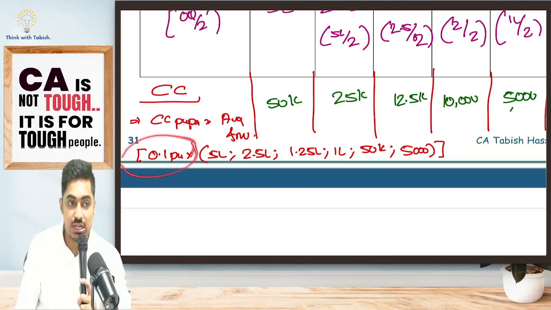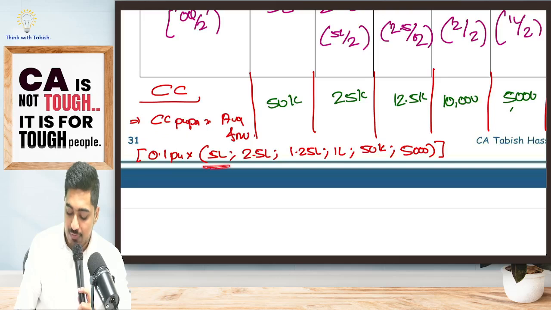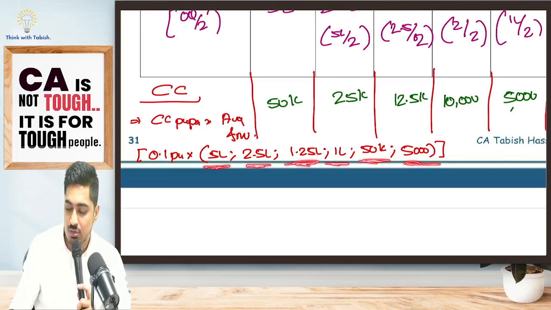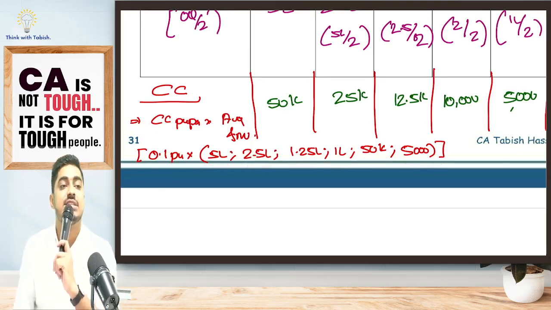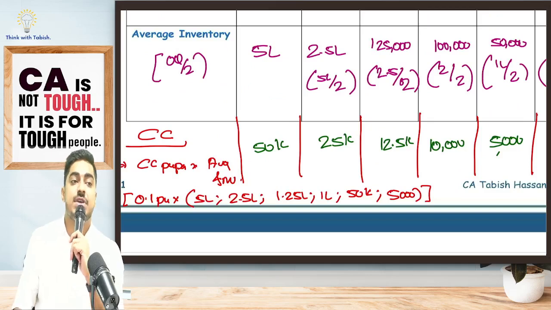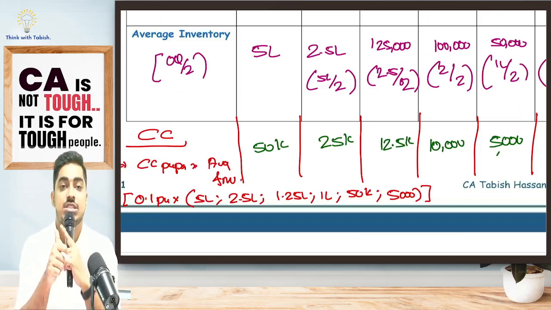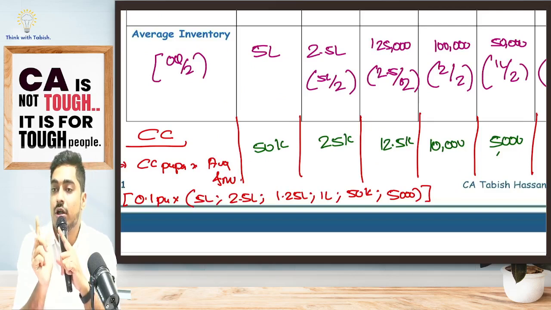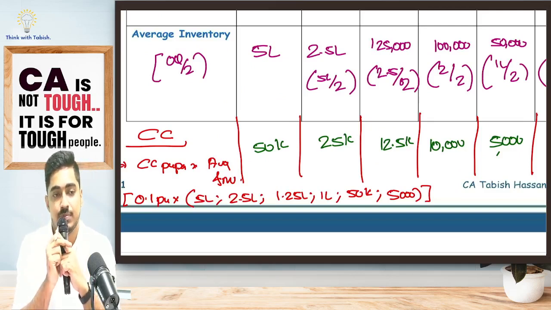So you can just in a single shot do 0.1 into 5 lakh equals 2.5 lakh equals 1 lakh 25,000 equals 1 lakh equals 50,000 equals 5,000 equals. You will keep getting your answers. Is this clear, everyone? That means we have now calculated our purchase cost, ordering cost, carrying cost. Yes or no, everyone? Perfect.